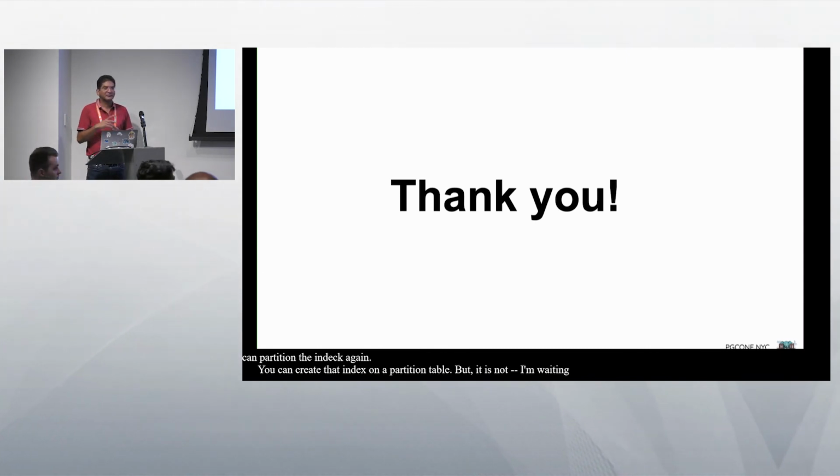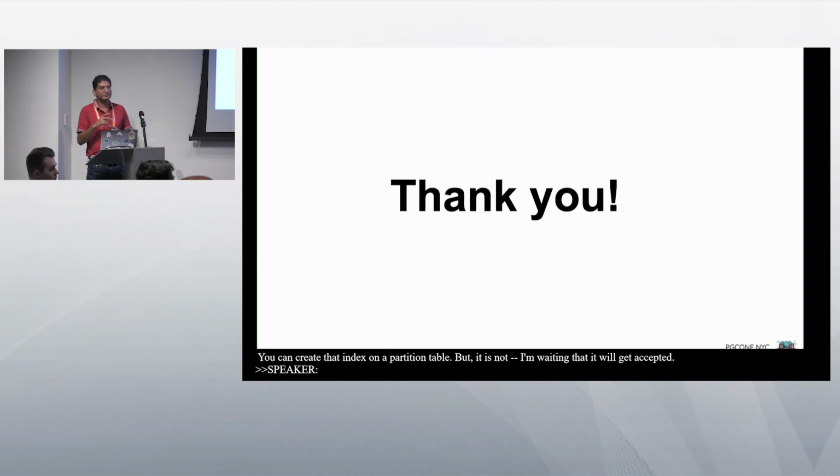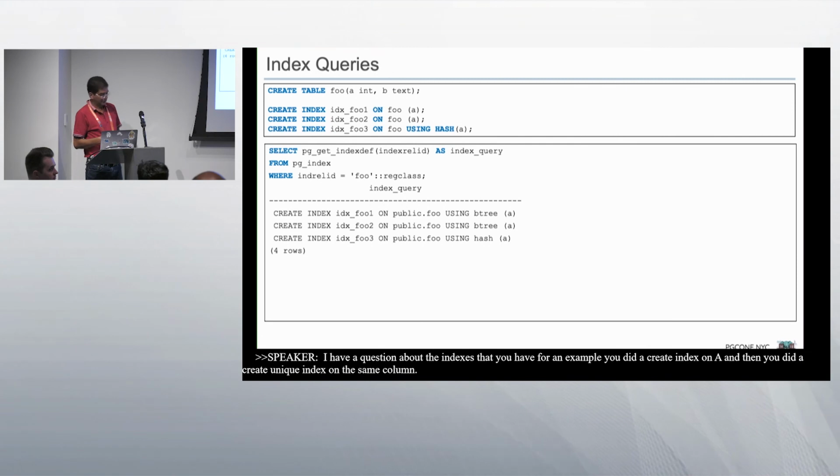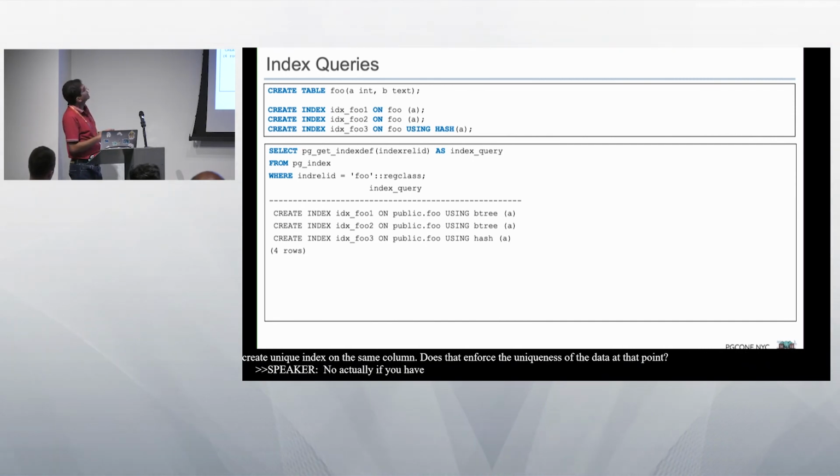I got a question about the indexes. For example, you did a create index on A, and then you did a create unique index on the same column. Does that enforce the uniqueness of the data at that point? No, actually, if you have a unique, then another slide. Go forward a slide or two.